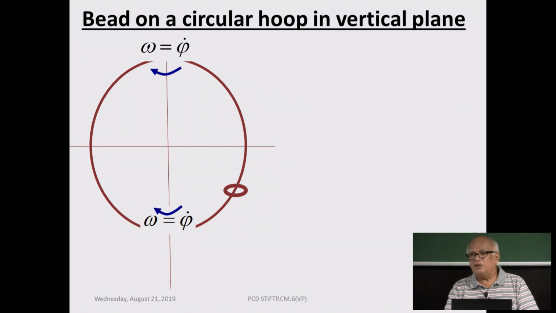But then there is also a force of constraint, because the bead can only slide on the hoop. The bead is constrained to slide only on the hoop. The bead cannot leave the hoop and simply fall due to the Earth's gravity. It can only be sliding along the hoop.